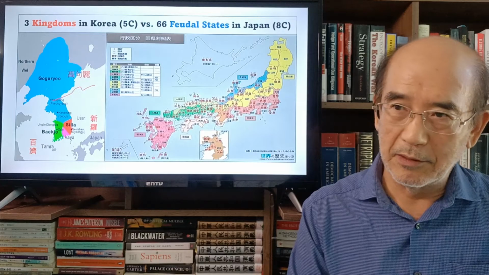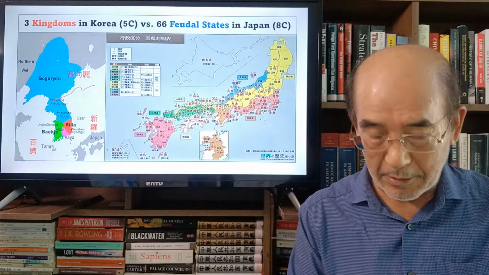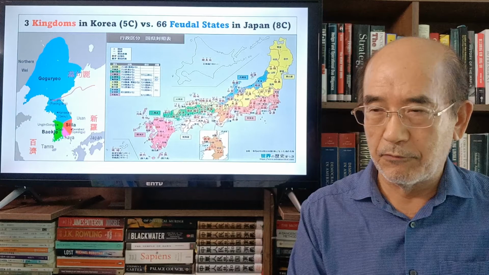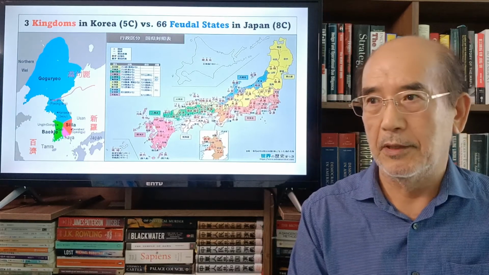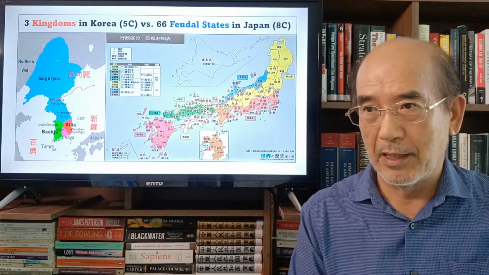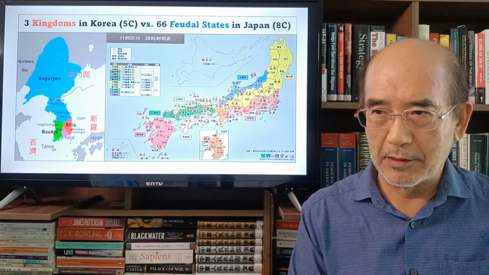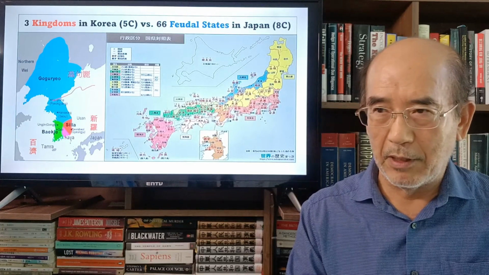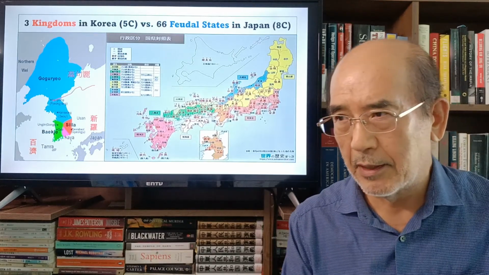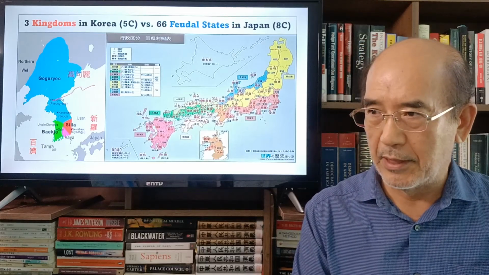But now North Korea is a former Goguryeo, which is far smaller than this Korea of the 5th century. Baekje and Silla are today's South Korea, plus the middle part of the Korean Peninsula is current South Korea.